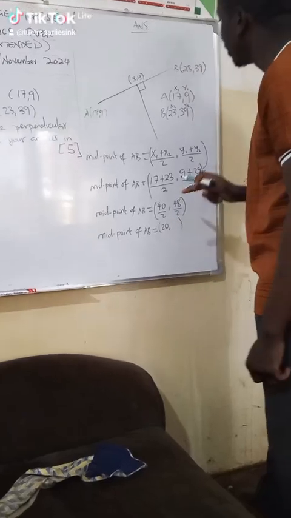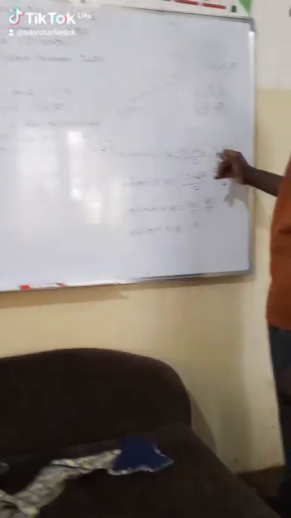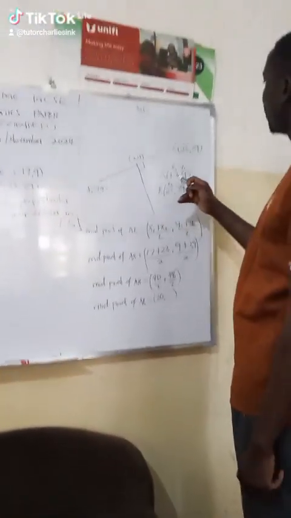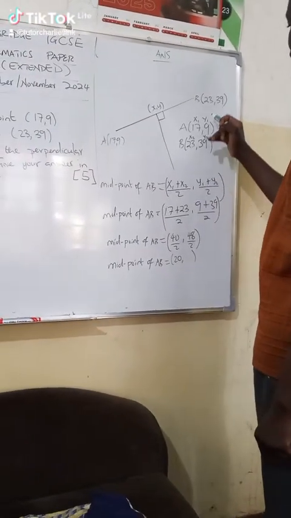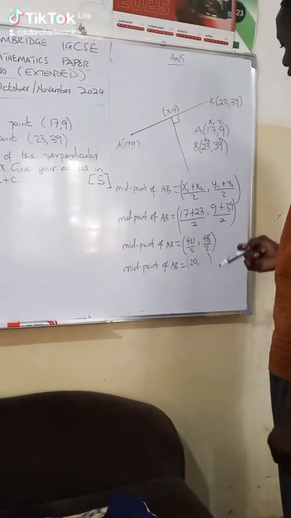The midpoint is given by (x1 + x2) divided by 2, comma, (y1 + y2) divided by 2. So my x1 is 17, my x2 is 23, my y1 is 9, my y2 is 39.